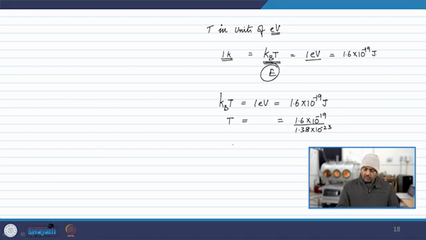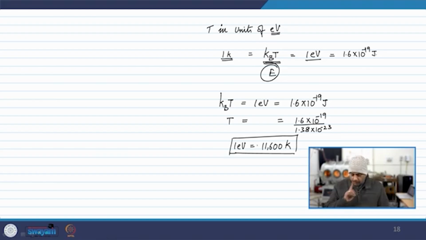Now, if you do this, you will realize that 1 electron volt is equal to 11,600 Kelvin. So, this is the conversion factor. Both of these things are the same. 11,600 Kelvin is equivalent in the units of energy to 1 eV, right?